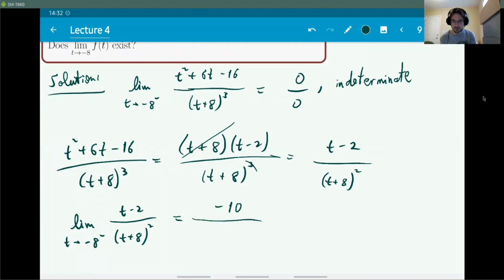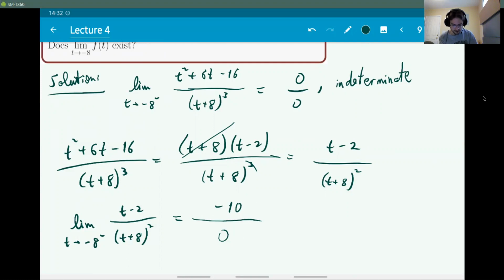A negative number different from 0. On the bottom, this is going to 0, -8 plus 8 squared. So as I said, this is a case that will definitely give you an infinite limit. You just have to understand the signs now. You already have the sign upstairs, which is negative. You need to understand the sign downstairs.